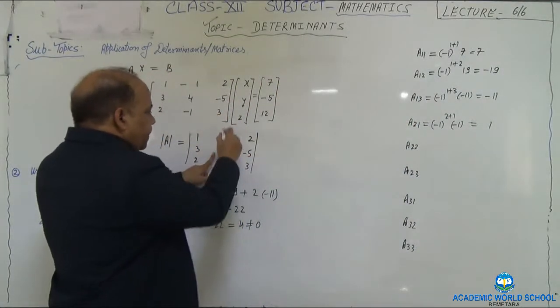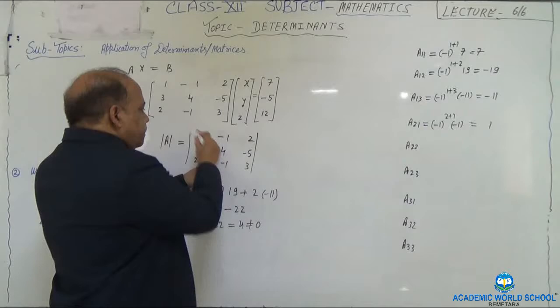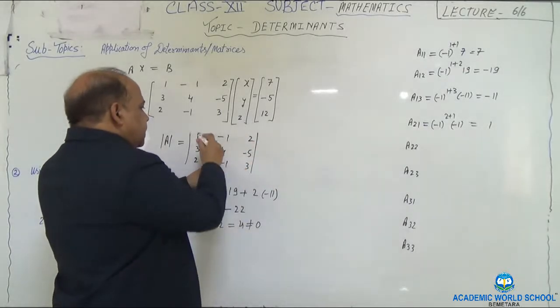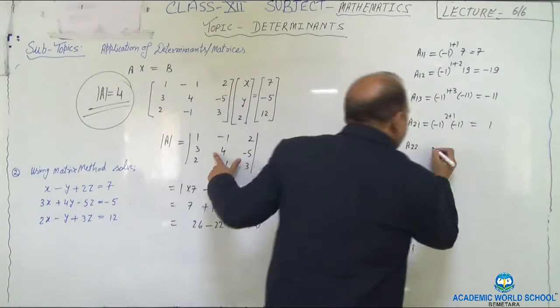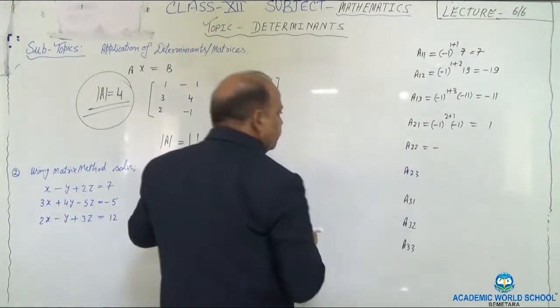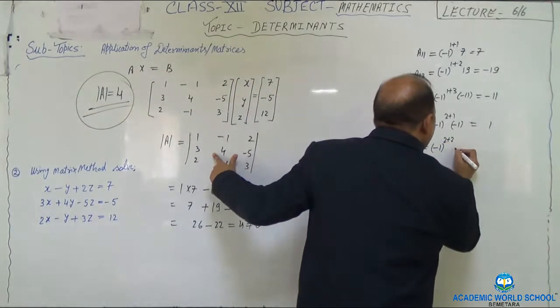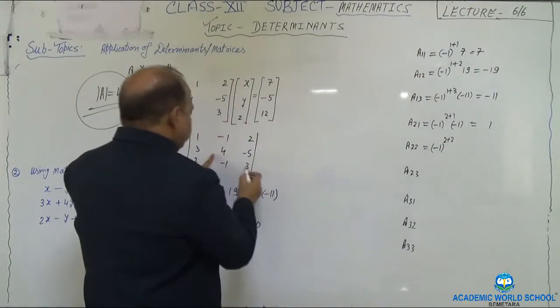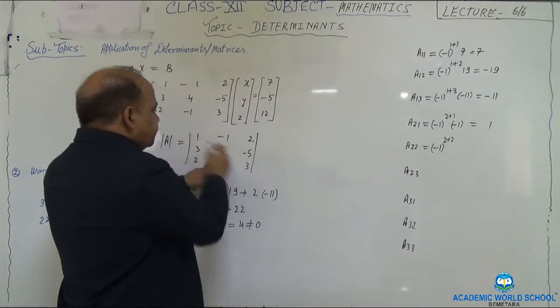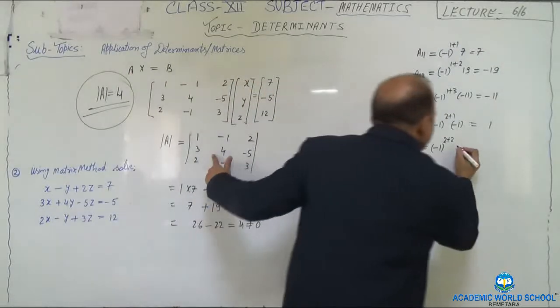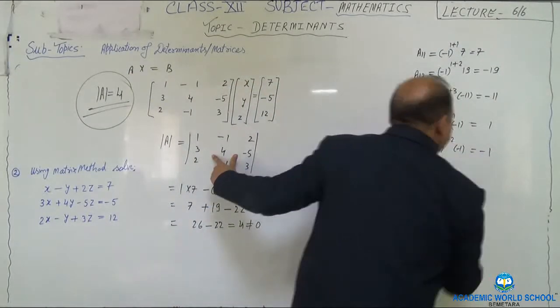A22. Leave this part. 3 minus 4, which means minus 1, and it is minus 1 to the power 2 plus 2. Check once again, that 3 minus 4 gives you minus 1. So the value is minus 1.